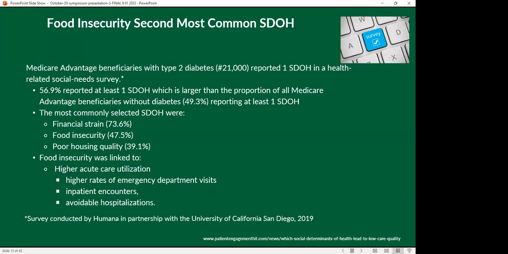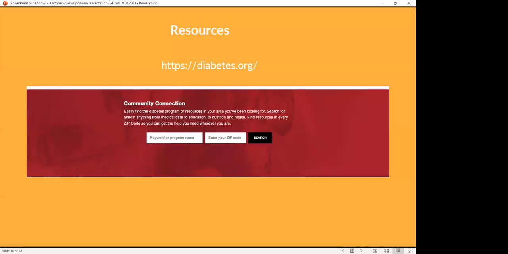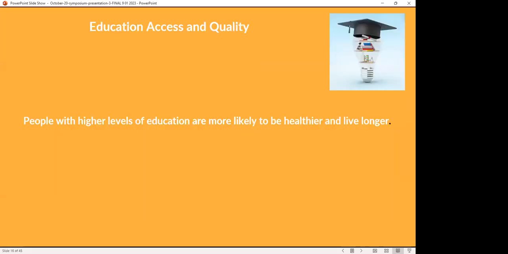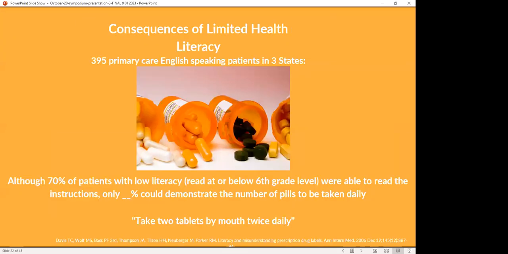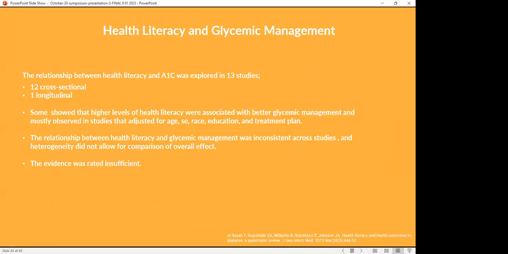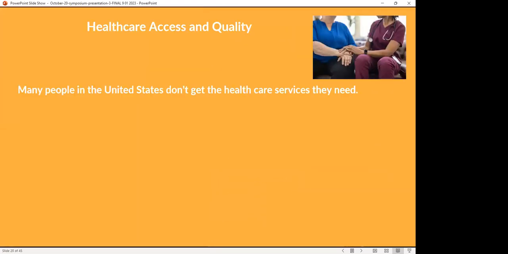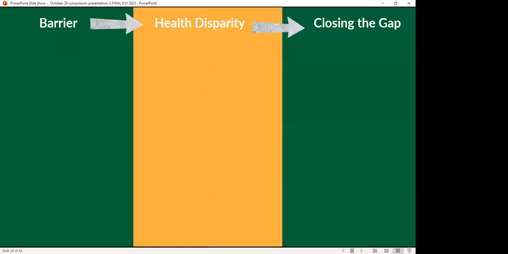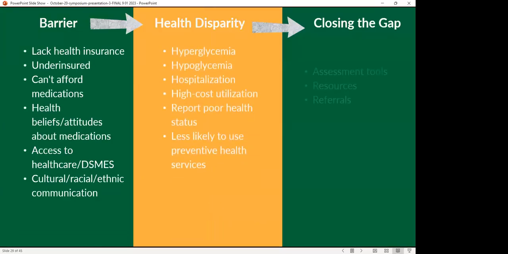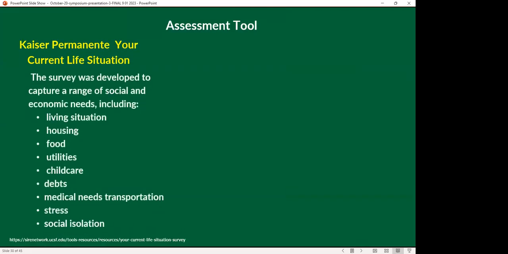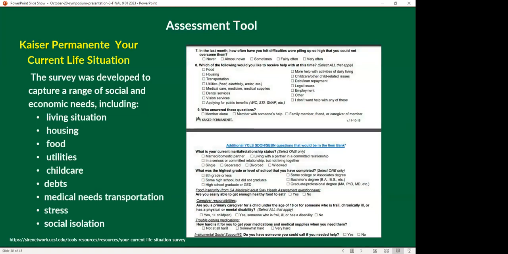I just want to make sure that the person that wanted the survey can take a snapshot, and I will show the other one. This is the assessment tool slide.